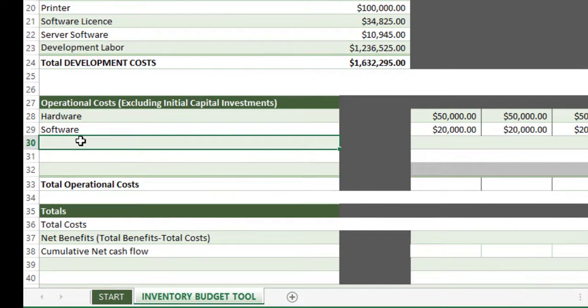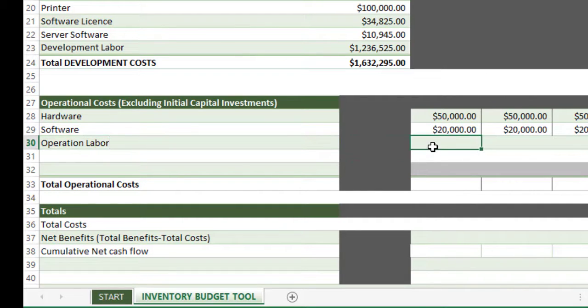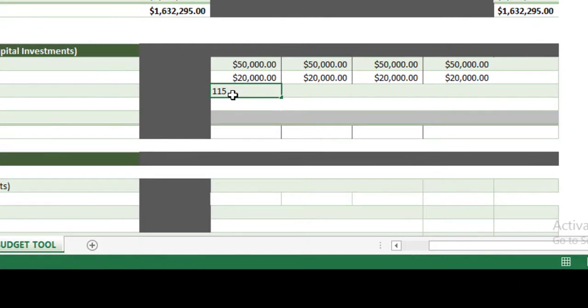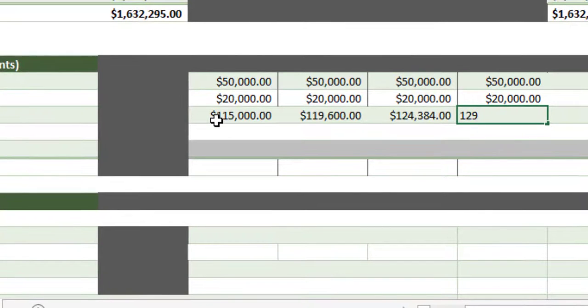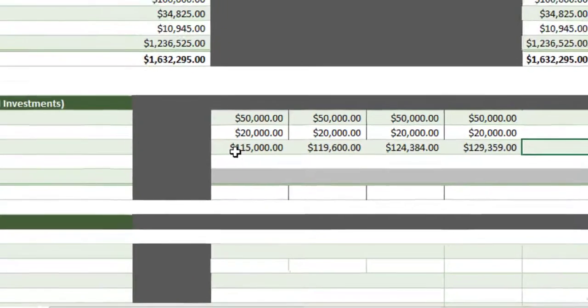We are going to have operational labor. So these are the salaries for support staff who are going to be maintaining the system. So this is going to change. This is 115,000. The following year 119,600. The following year 124,384, 129,359.